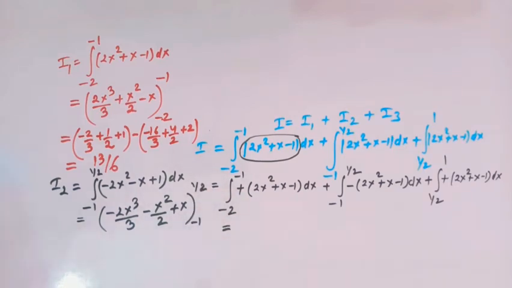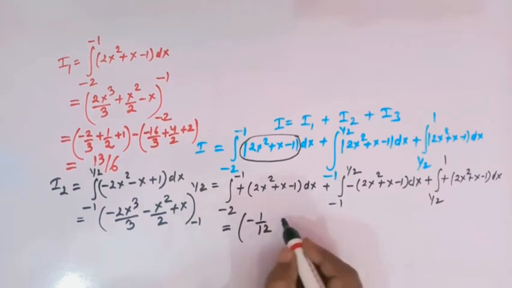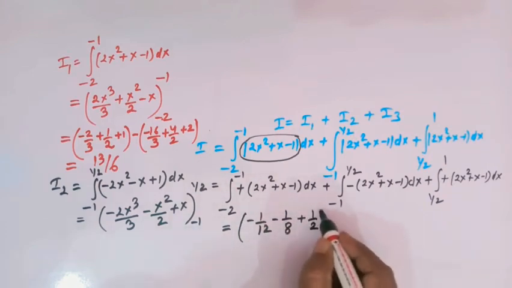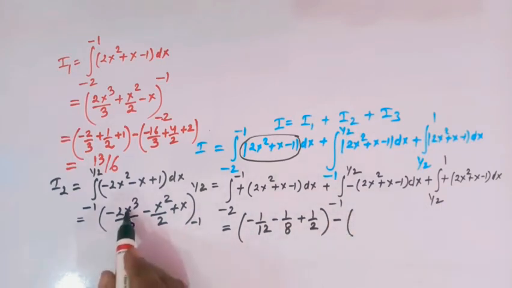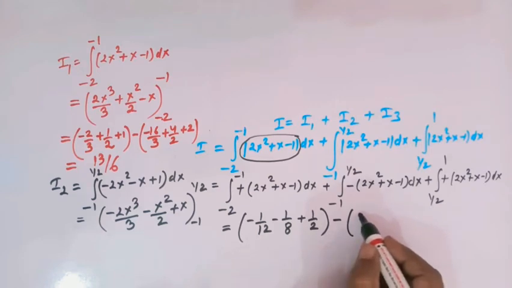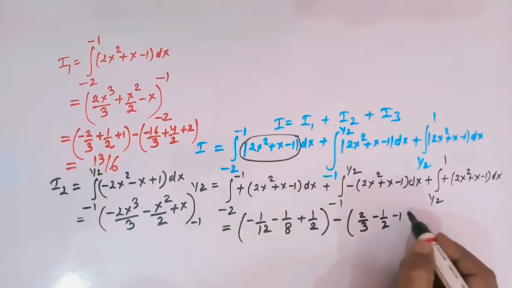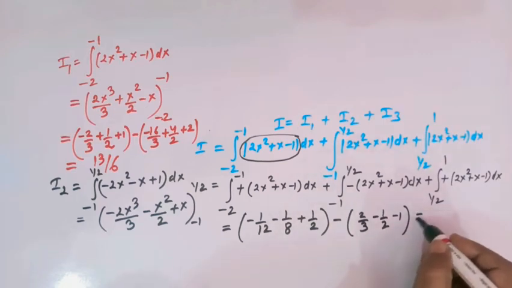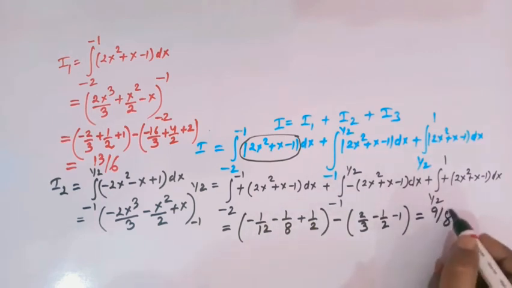Okay, now if we substitute the limits and take the difference, then we'll get -1 over 12, then -1 over 8, and then 1 over 2, right? Then minus, if we put in -1 here, then we see that this is 2 over 3 minus half and minus 1, right? So I am not going to simplify it, and I am writing directly the result. If we simplify it, then we'll get 9 over 8, right?